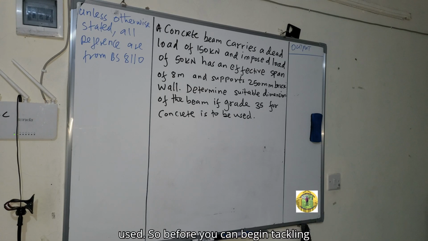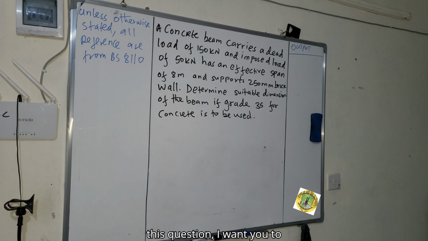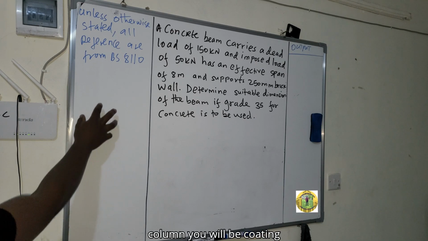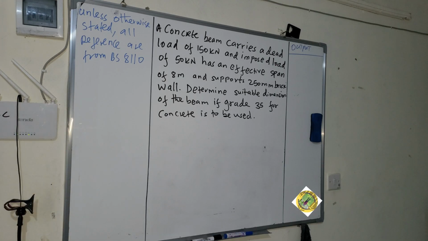So before you can begin tackling this question, I want you to divide your worksheet into 3 columns. In the first column, you will be quoting the tables you will be using in tackling such a question, and these tables are from BS8110.